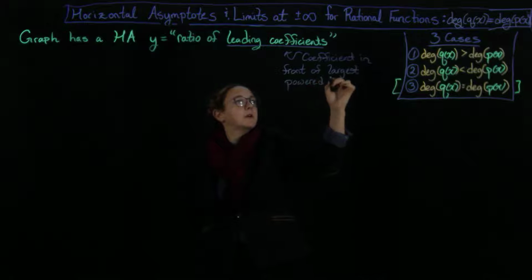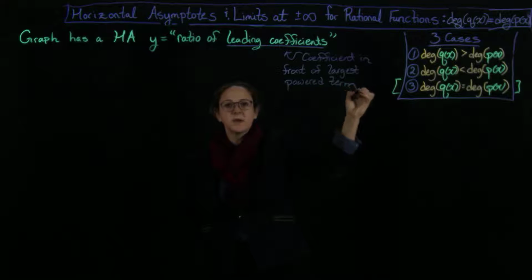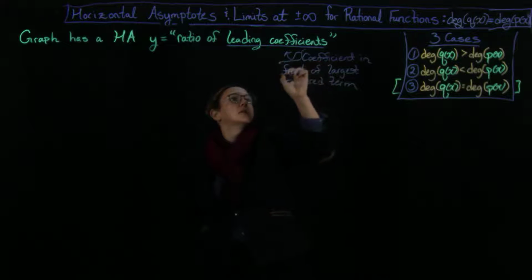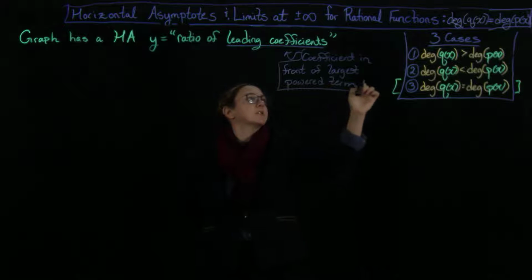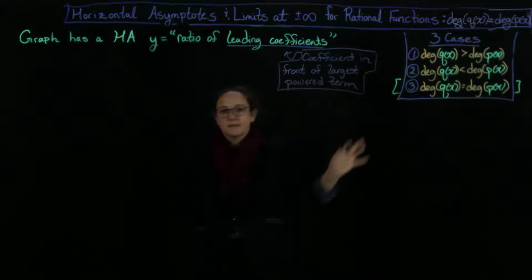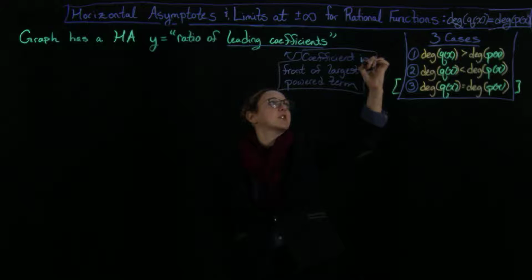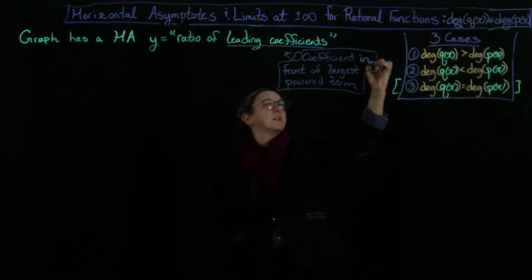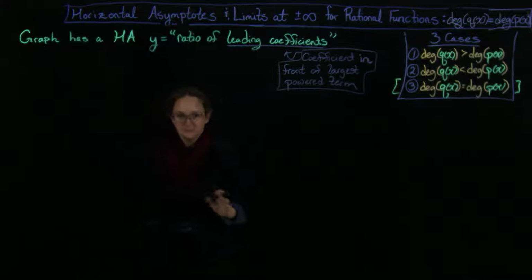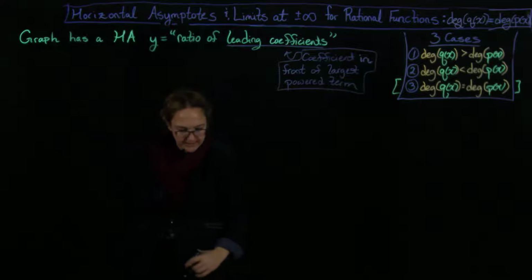So we look for the largest power, and then we look at the coefficient in front of it. If x cubed is the largest we have, then we're looking at the coefficient in front of x cubed. Okay, so let's look at an example.